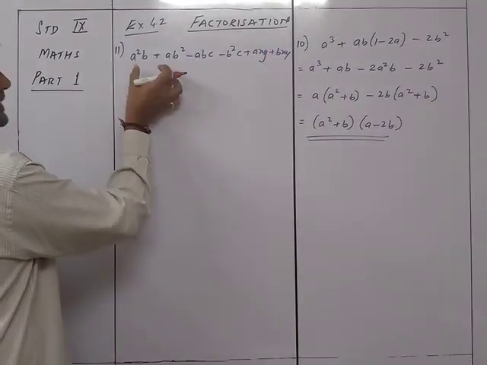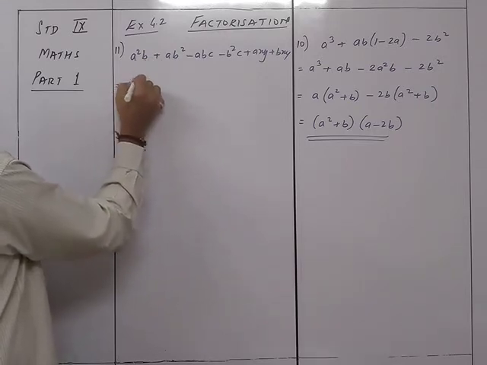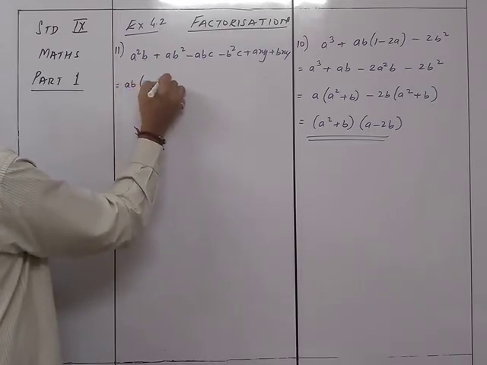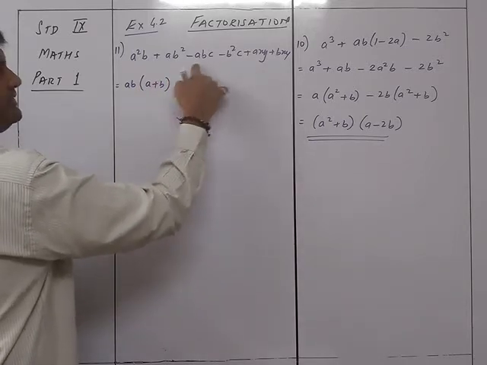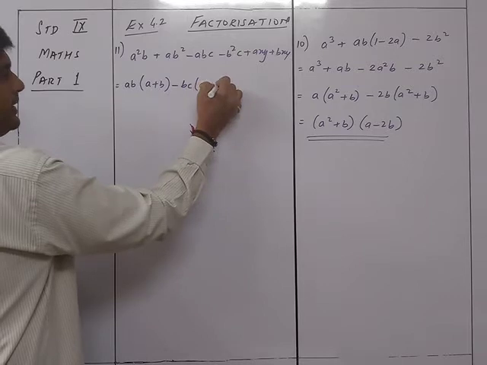So here you can see that between these two terms ab is common. So this gives you ab, bracket will be a plus b. Here between these two bc is common, so it is minus bc. Again the bracket is a plus b.